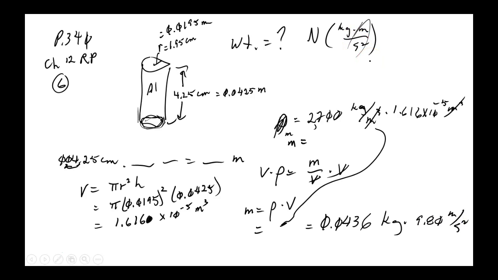Okay, so multiply that by 9.8, and you get something pretty close to 4.25 or something like that. 0.427. 0.428, and that would be newtons. So that should be the weight.